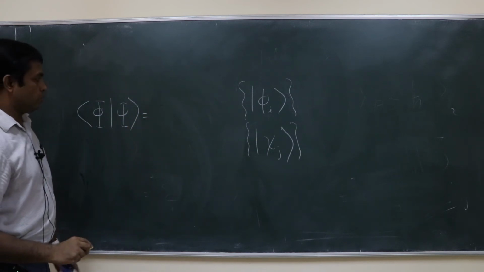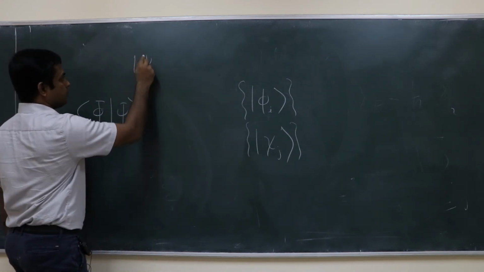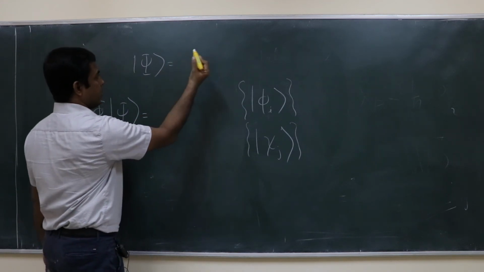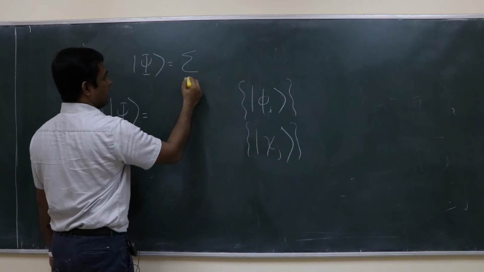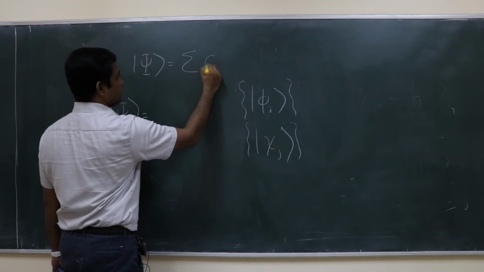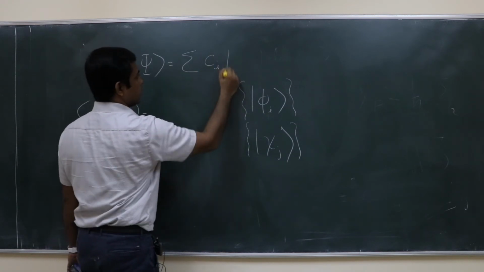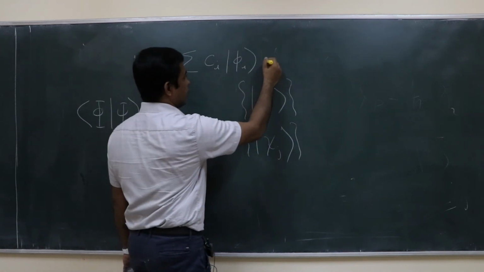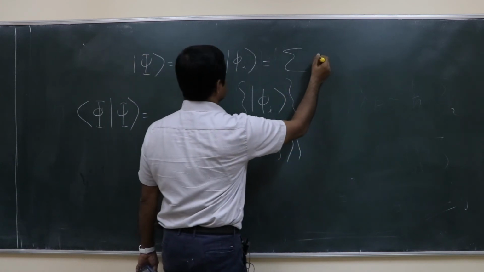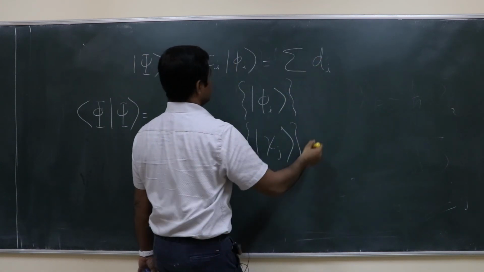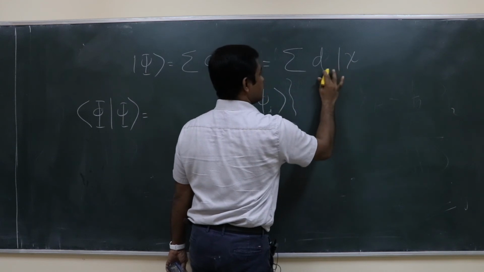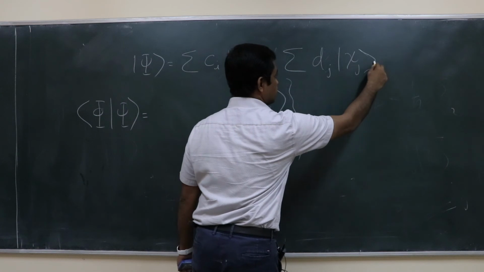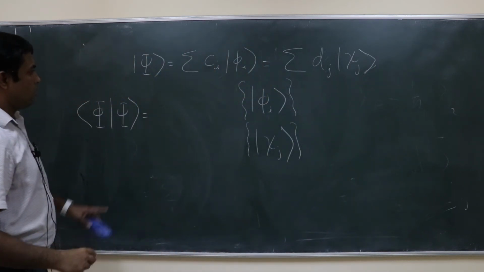So what is this equal to? You know that ket psi I can expand in terms of ket phi i as c_i ket phi i. I can expand it in ket chi j as d_j ket chi j.